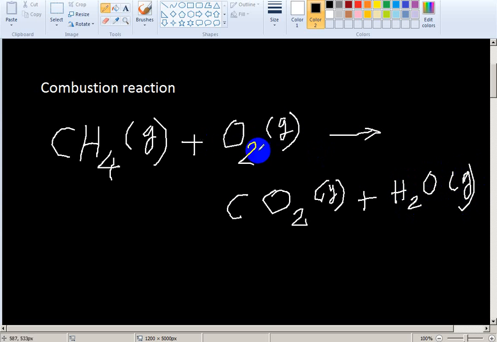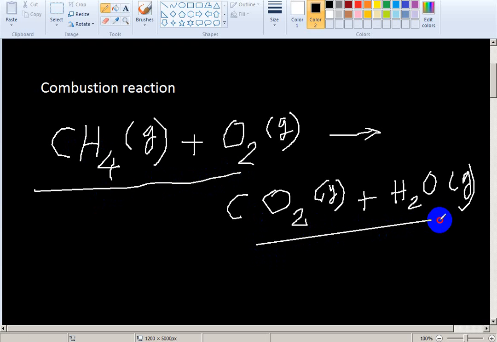If you see a reaction with oxygen, these two are the reactants. Substances which participate in the reaction are reactants. Substances which are produced are products.